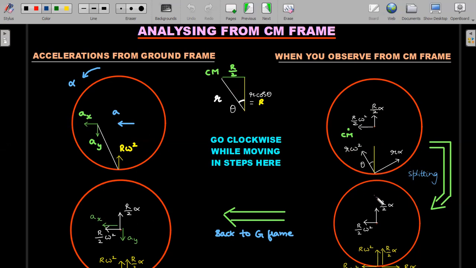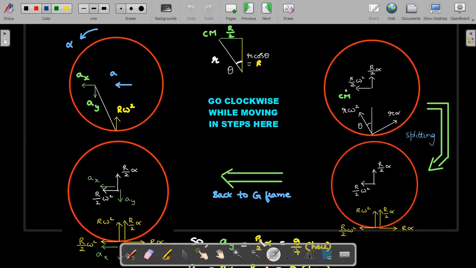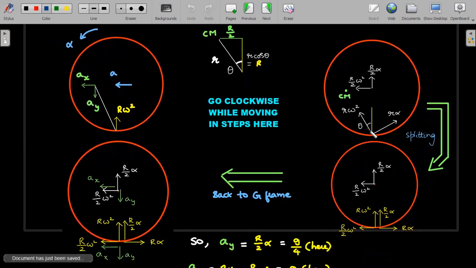So upon splitting, you could see, let me go a step closer. Okay, sorry, concentrate. This small r omega square, if split up, will give you an r cos theta term in the vertical direction and r sin theta. So cos theta is capital R itself. So it will give you capital R omega square this way. Do you see that? I have written that capital R omega square.